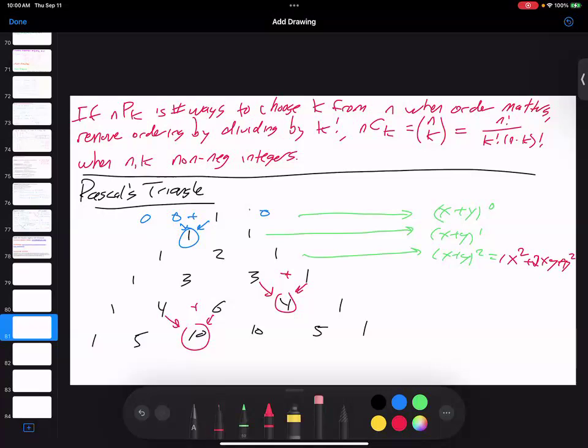Let me write it out carefully. So this would be x squared, xy, y squared. And the coefficients would be 1, 2, and 1. And what you can see is the coefficients when we expand x plus y to the n are coming from the nth row of Pascal's triangle.